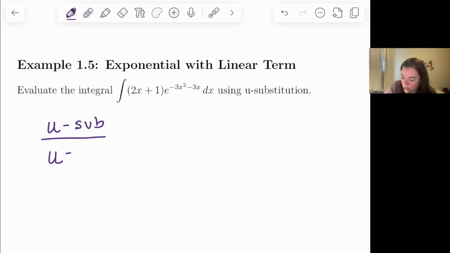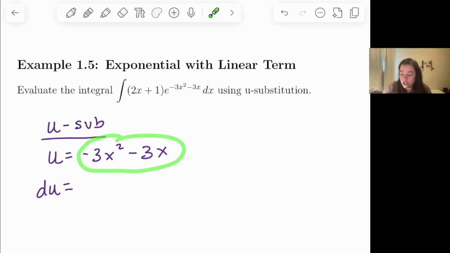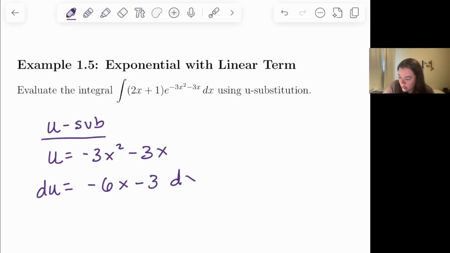I am going to let u, remember I get to pick u, I'm going to let u equal negative 3x squared minus 3x. So now I am going to take the derivative of u. Remember, I don't get to choose this. I just take the derivative of what I chose. So taking that derivative, negative 6x minus 3 dx.